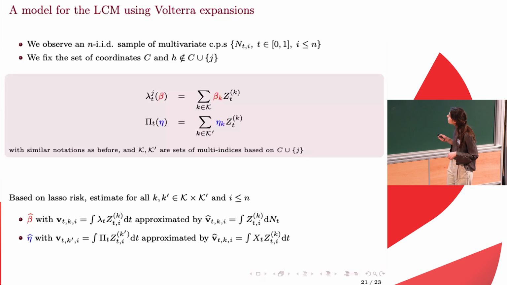And if I go back to the lasso contrast function, then we need to estimate for any indices k and k prime this beta hat and eta hat, where those linear terms are approximated by what I can observe. And for beta, it's related to the counting process N, and for eta, it's related to the treatment process X. All right.